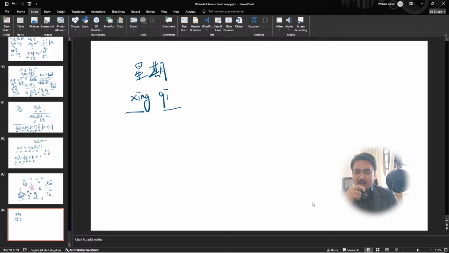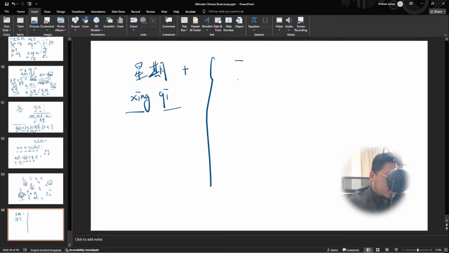If you really think about this, there's no specific Monday, Tuesday, something like that. In Chinese we call that 星期, and then we add 1, 2, 3, 4, 5. So basically 星期一、星期二、星期三、星期四、星期五、星期六.